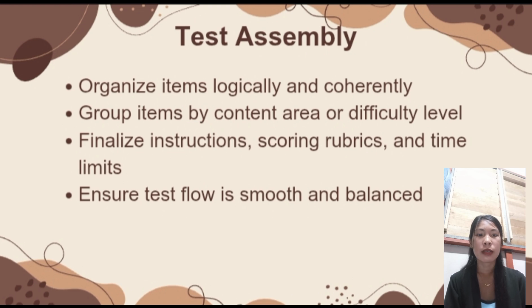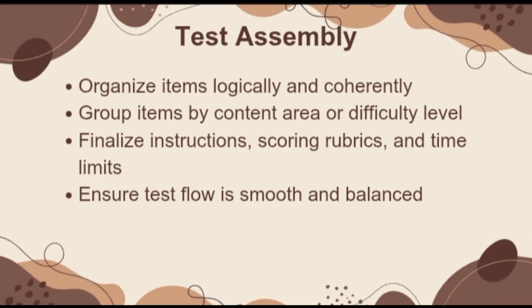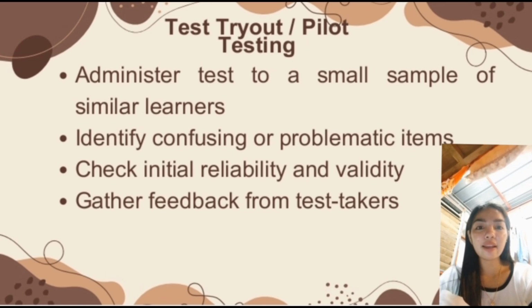For example, start with multiple choice questions, easy ones on concepts like types of memory. In learning theories, continue with short answer questions and critical thinking on cognition, and end with essay questions. I will now continue discussing the next stages of test construction.